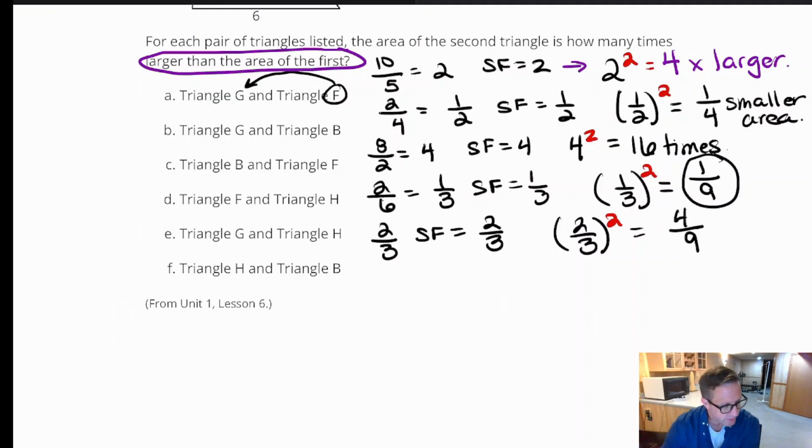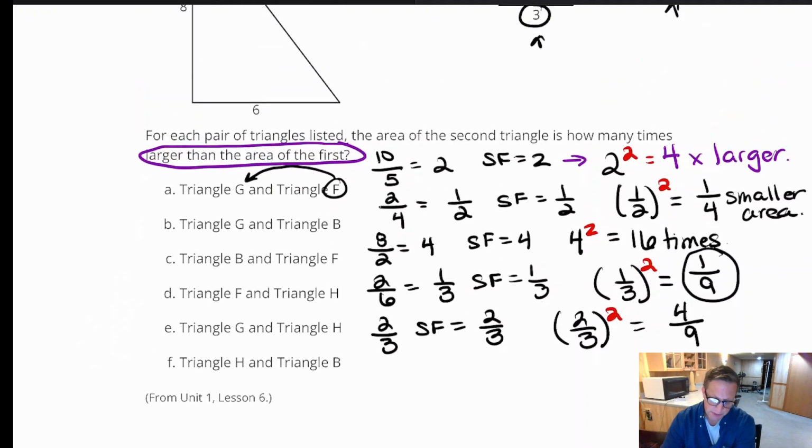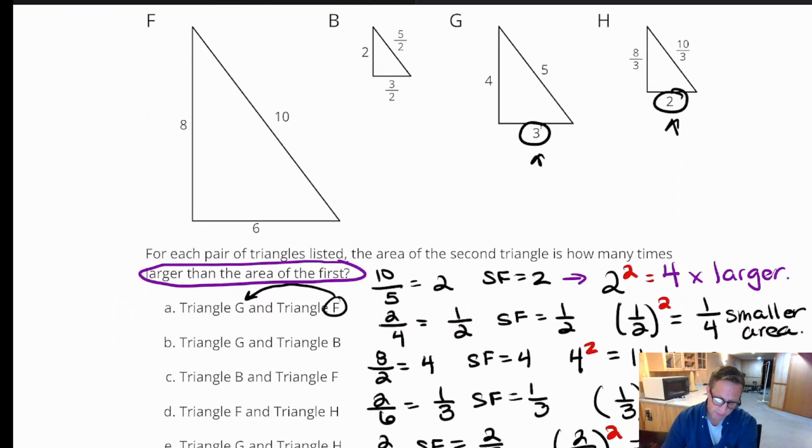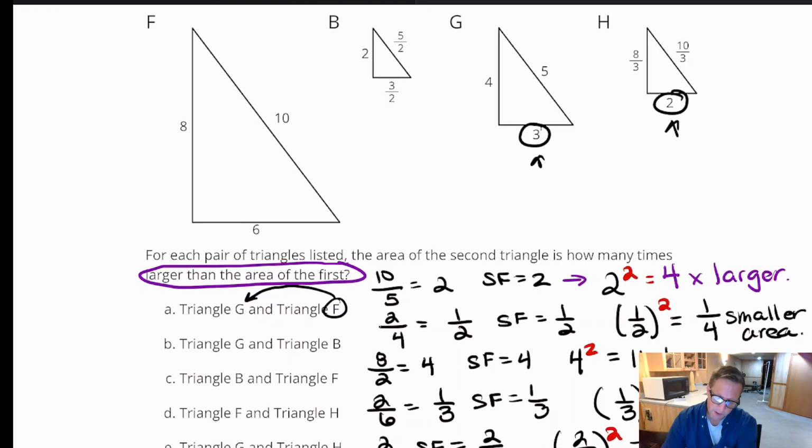And then for the last one, right there, we've got H and B. So H and B, what are some good numbers to use here? Let's compare these two right there.